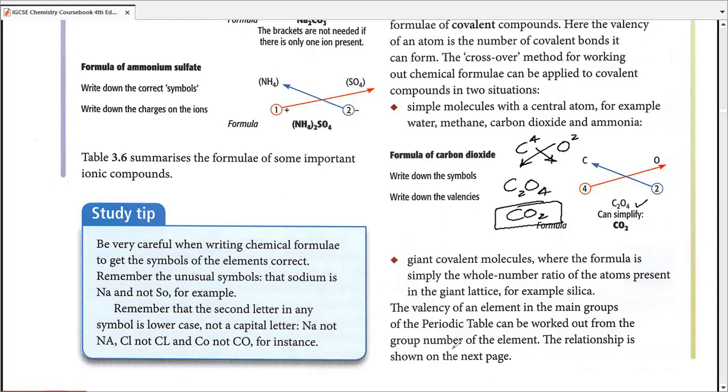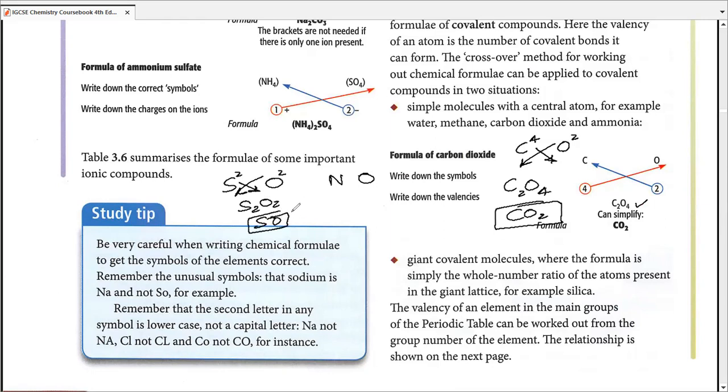And you can practice other formulas with it too. For example, sulfur and oxygen, right? Or nitrogen and oxygen. Sulfur has 2, oxygen has 2. Cross multiply, they become S2O2 or simply SO.